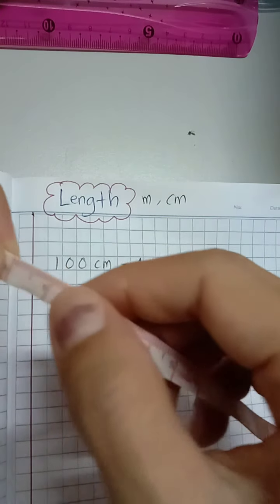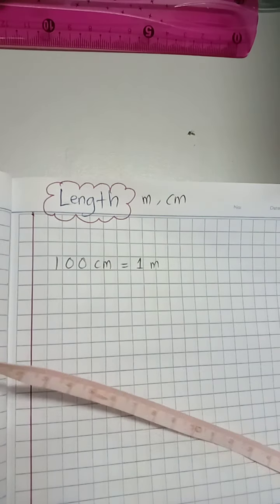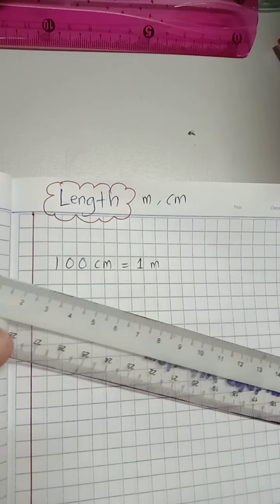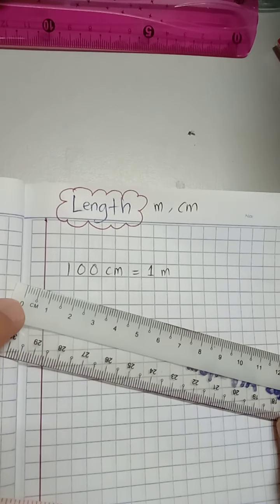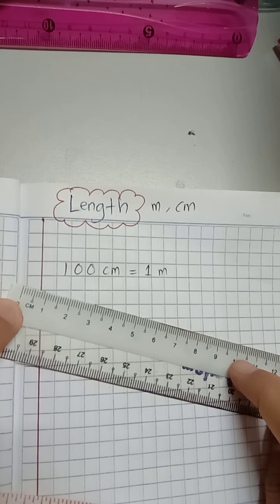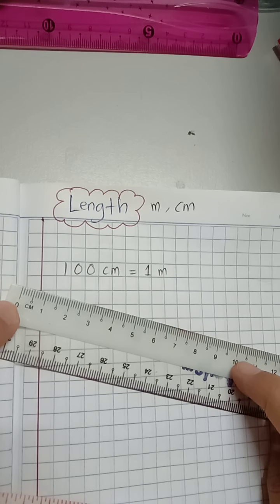If you look here, I show you 10 centimeter. I use my ruler. Okay, look, this is 10 centimeter. Why am I showing you 10 centimeter? Because if you have 10 centimeter, that will become 100 centimeter.